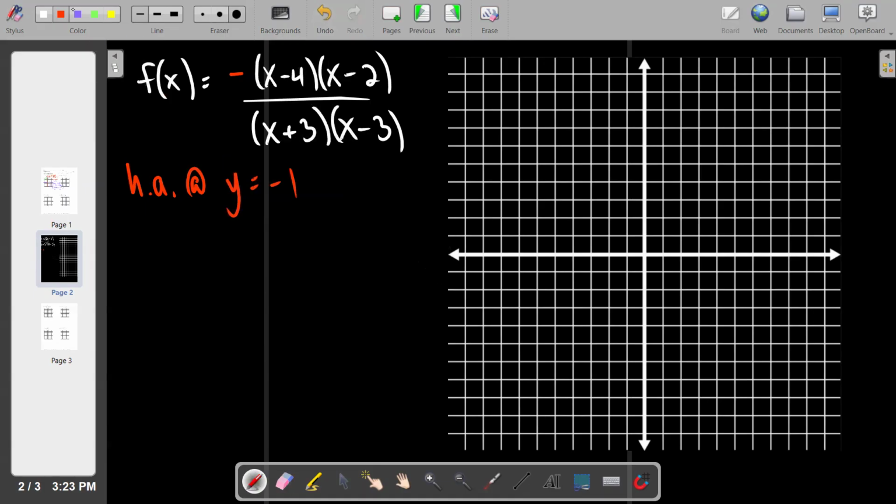The next thing I'm going to do is look for vertical asymptotes. And where do I find vertical asymptotes? In the bottom. x plus 3 and x minus 3. And remember, we shan't jump immediately to the conclusion that things are necessarily vertical asymptotes. We could just say they're discontinuities. So we agree that to make that be 0, x would have to be -3.